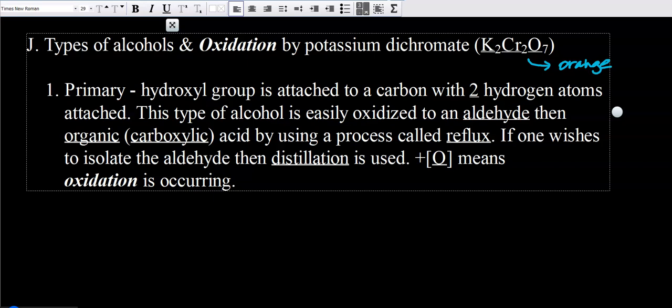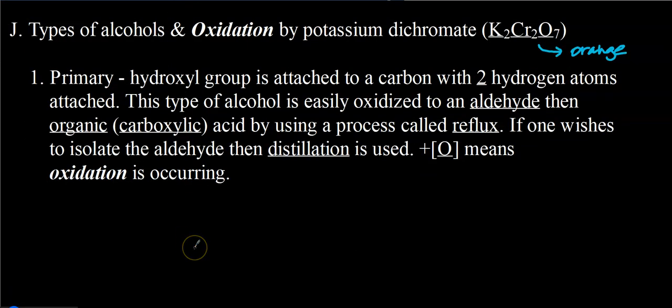So that's the glass tubing with the rubber hoses attached to that. You have water running through there. That will cool down the vapor and condense it. And if you do so in the presence of, say, potassium dichromate or even potassium permanganate and other oxidizing agents, you would produce the aldehyde.